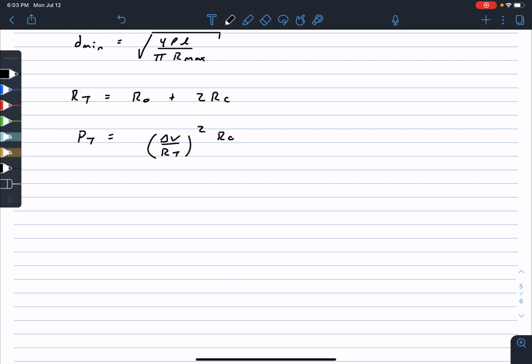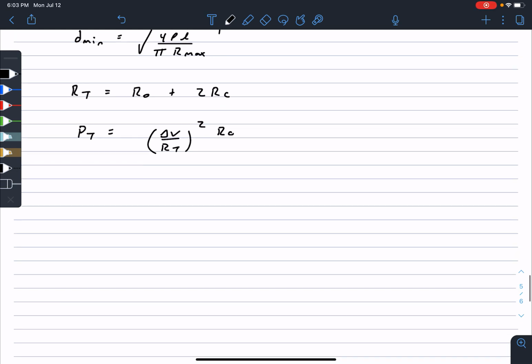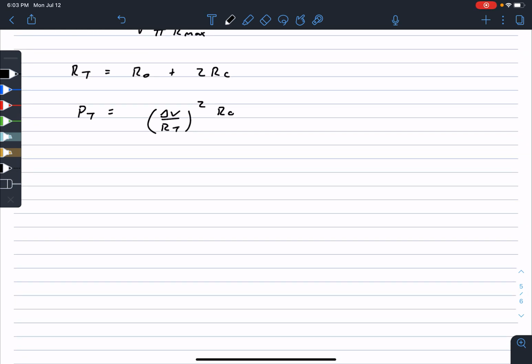That's what we used to find the last value that we had for part A. Good. Well, we can also recall that R naught from the beginning was defined in terms of delta V over power.